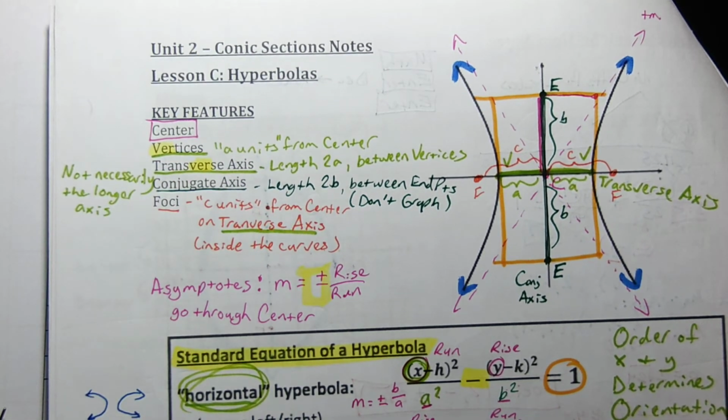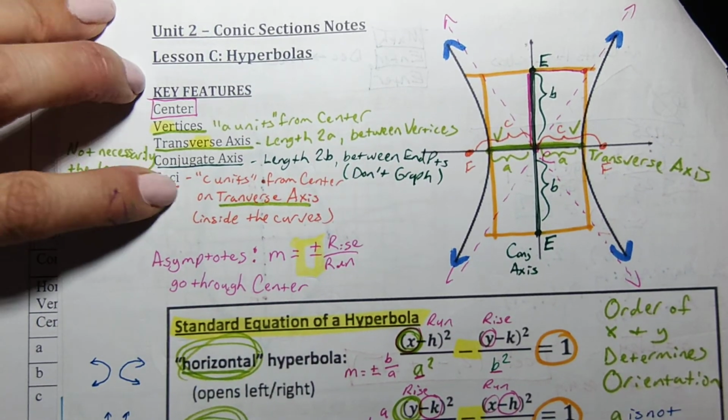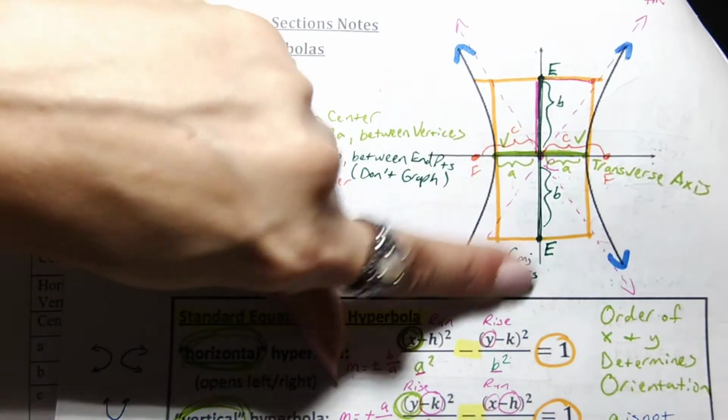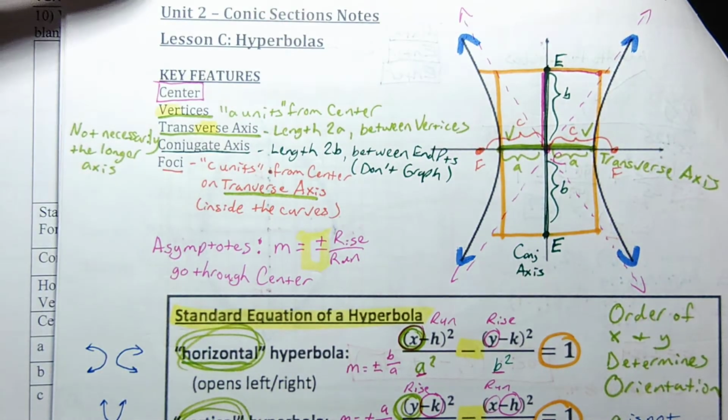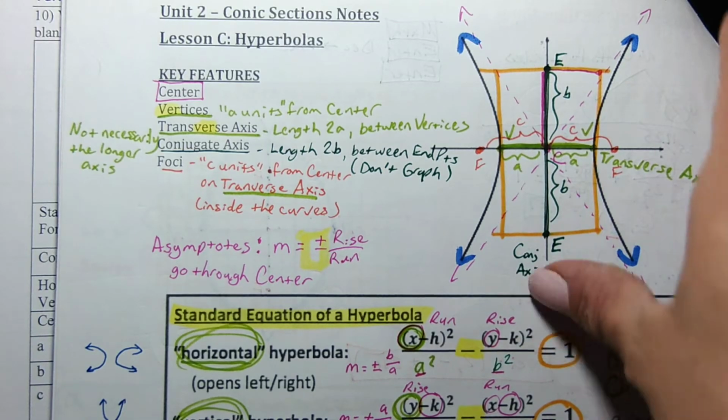And that's because in a hyperbola, the transverse axis is not necessarily the bigger or the longer axis. So major indicates larger, transverse is just another fancy word for it connects the vertices. Conjugate axis is 2b. We don't really care about that one because it's not really part of the graph. And then our hyperbolas also have asymptotes.